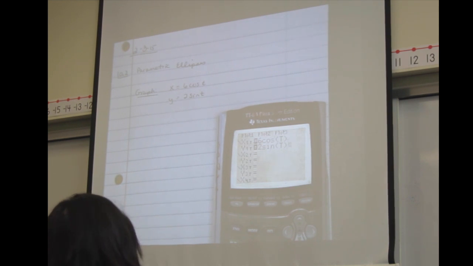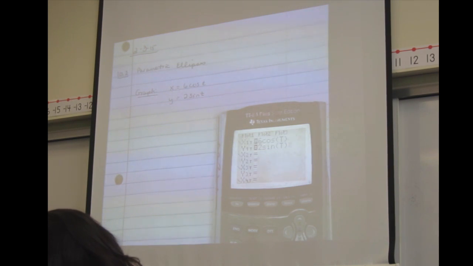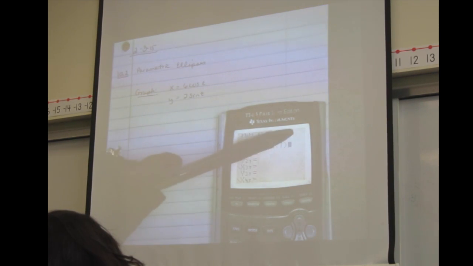What you want to see is how this ellipse is drawn, what each of the parts mean. So for instance, the cosine up here, the sine, the 6, the 2, and t we'll get to in a second. Okay, so window.